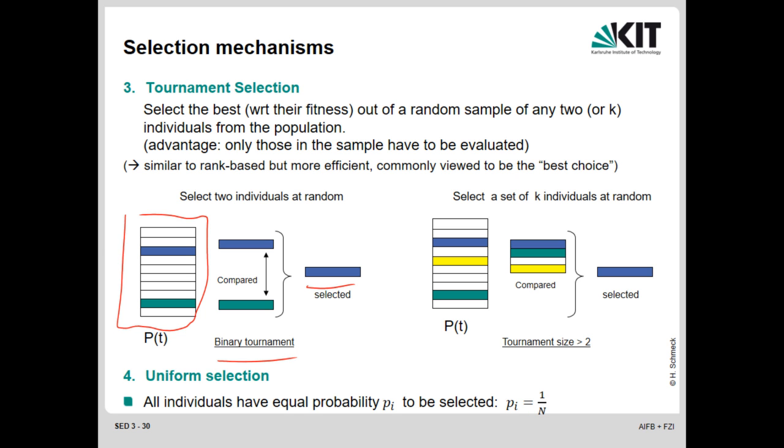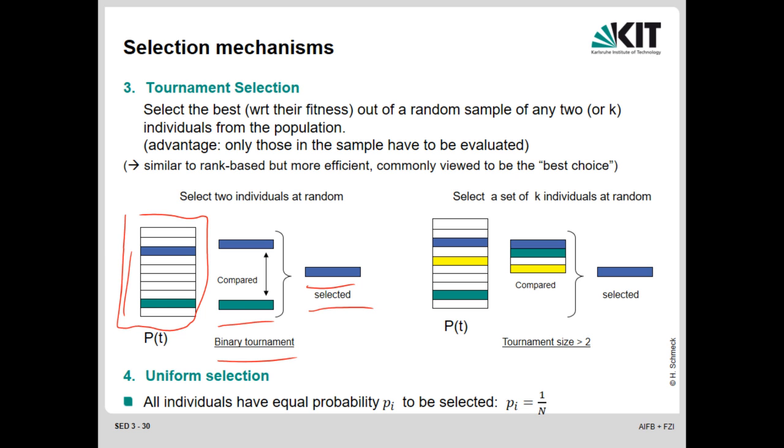And one can actually show that tournament selection leads to a similar probability for being selected as the rank-based selection. The advantage is that in order to select an individual, you only have to grab a sample, compare those 2, and you can select one.